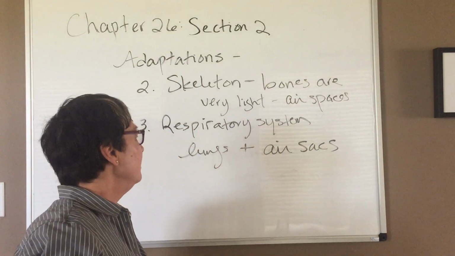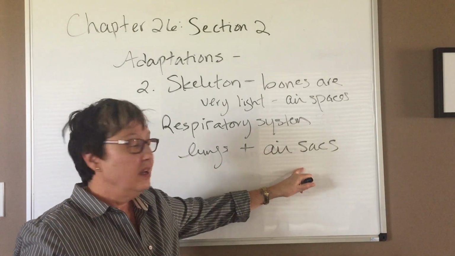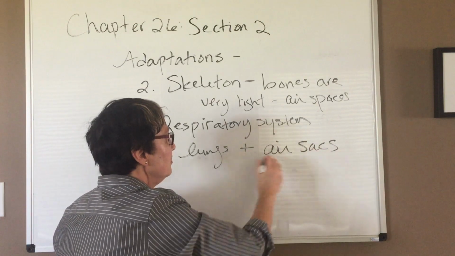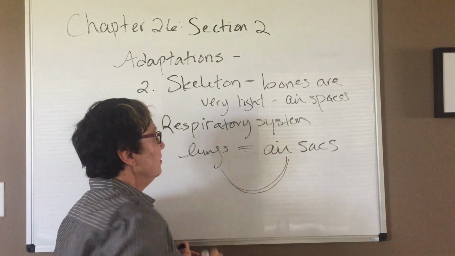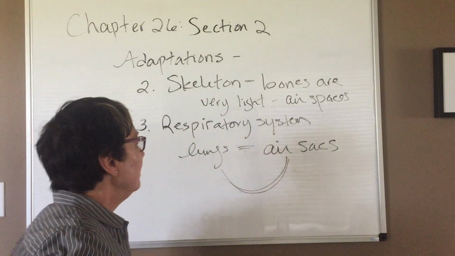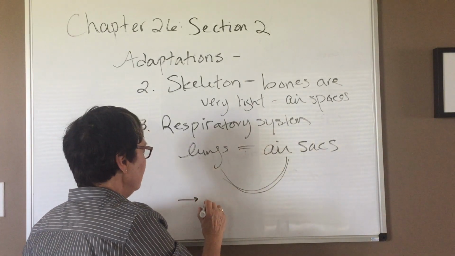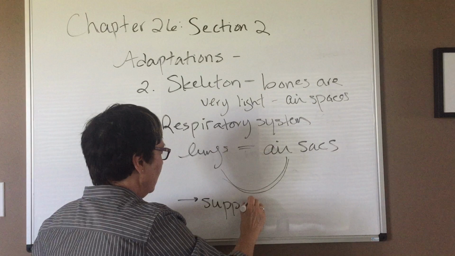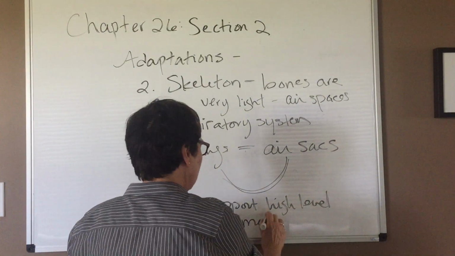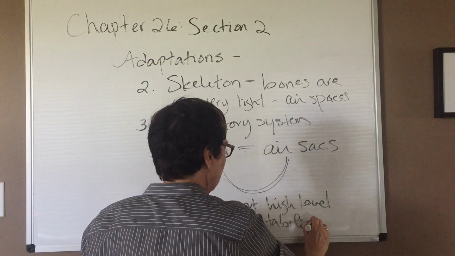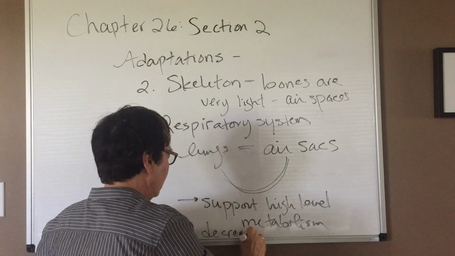So air is actually able to flow from the lungs to the air sacs, and then can return in a separate set of tubes back to the lungs, which is actually more efficient than what we have. So this is able, again, to support a high level of metabolism, and in addition, it decreases body weight.